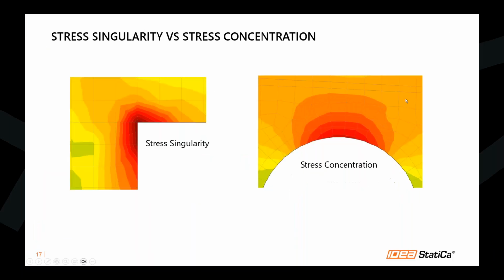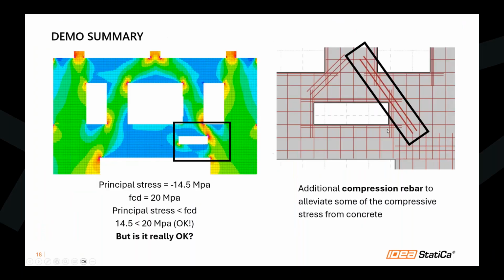Right, I'm just going back to the presentation. So just a small summary. Based on the survey, I think engineers would design the wall based on the principal stress, but as you can see here, principal stress is minus 14.5, FCD 20 MPa. Principal stress is still far from FCD, but is it really okay?